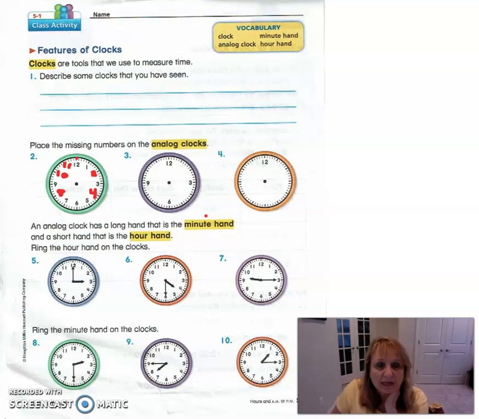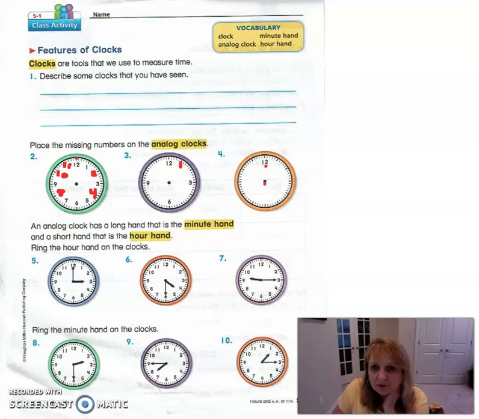And you can tell that each time they give you fewer numbers, but I'll bet you can figure out. After 12, we always start with the number 1, and then we just count in order. 2, 3, 4, 5, 6, 7, 8, 9, 10, 11, back up to 12. On number 4, it just gives us the 12.